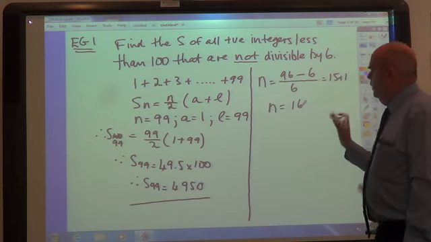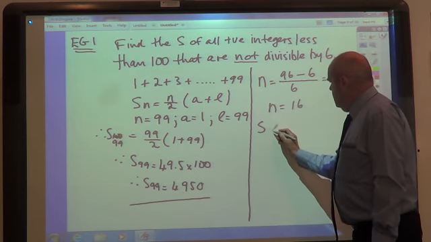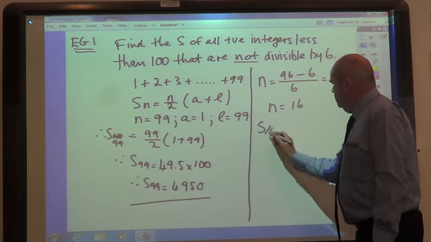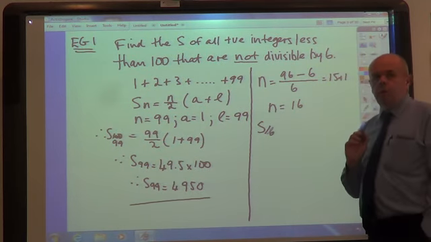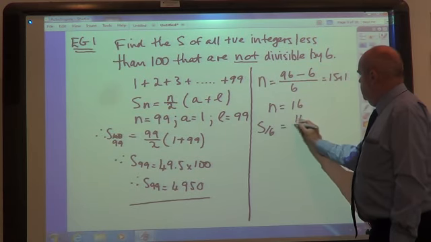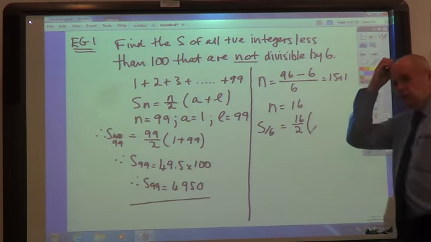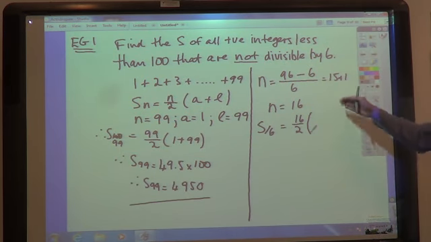Alright, I'm ready to go now with finding the sum of the integers that are divisible by 6 between 1 and 99. Okay, so here's my homemade notation. The sum of the divisible by 6's is equal to 16 divided by 2, bracket, the first number in our sequence. I haven't written it out yet, or at all.